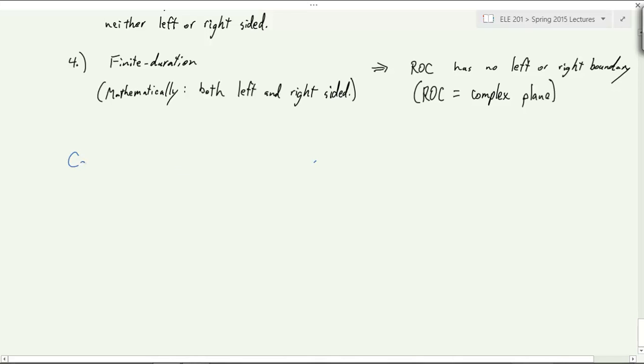So let's talk about a system being causal. If a system is causal, we've already said that means that h of t, the impulse response, equals 0 for all negative t. When we talked about causal LTI systems, we noticed that this is the requirement for a system to be causal, where that's the impulse response.